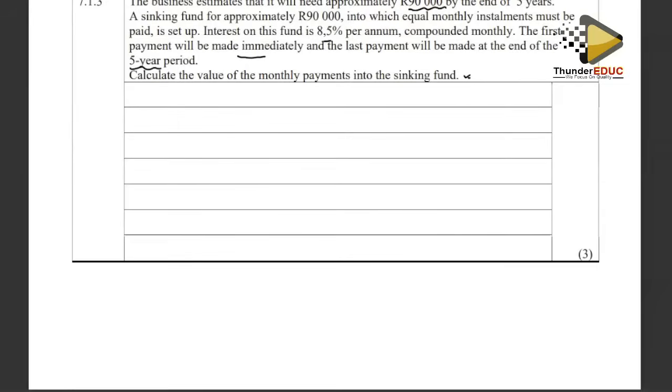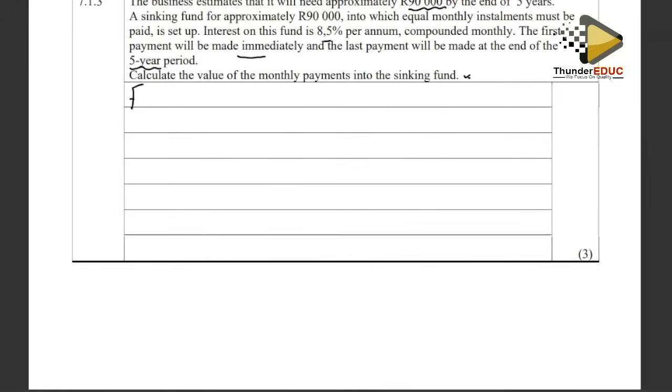So one thing we're looking at is, when you're dealing with a sinking fund, is it a present or a future value? It's basically a future value, okay? Yes, it's a future value because it's a saving.